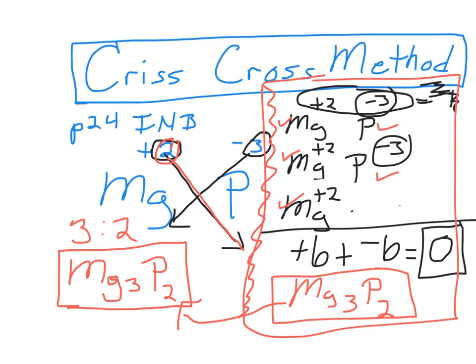Okay, so now let's do something else. As long as you have different numbers, things are going to crisscross. If I have calcium with a +2 and nitrogen with a -3, it's going to crisscross.